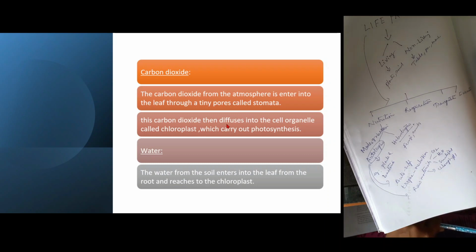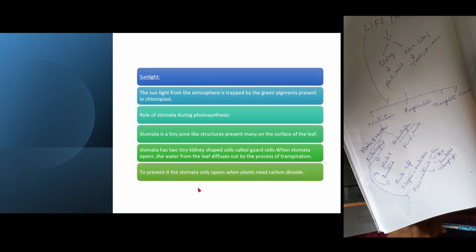This carbon dioxide then diffuses into the cell organelle present in the leaf that gives the green color, called the chloroplast, which carries out photosynthesis. The second raw material is water. Water from the soil enters the leaf from the roots and reaches the chloroplast. Sunlight from the atmosphere is trapped by the green pigments present in the chloroplast.